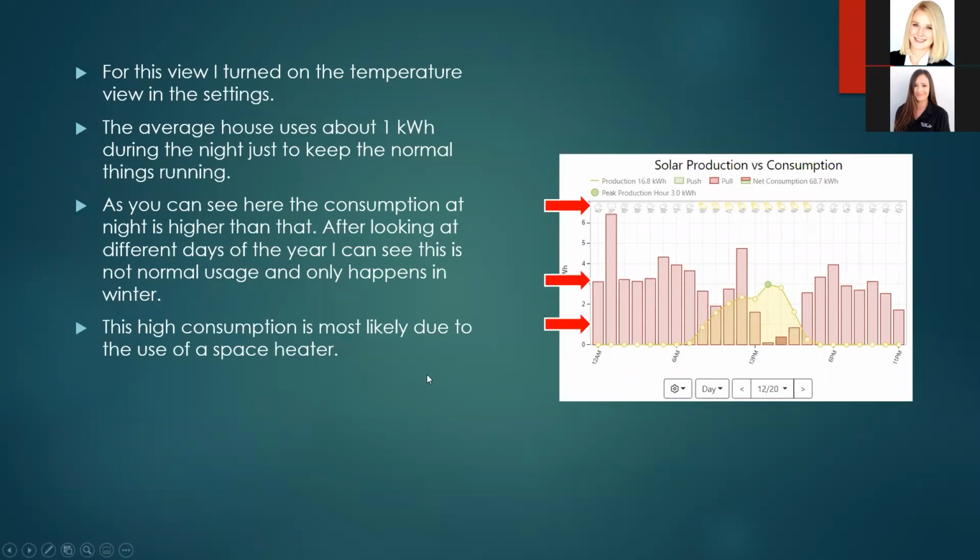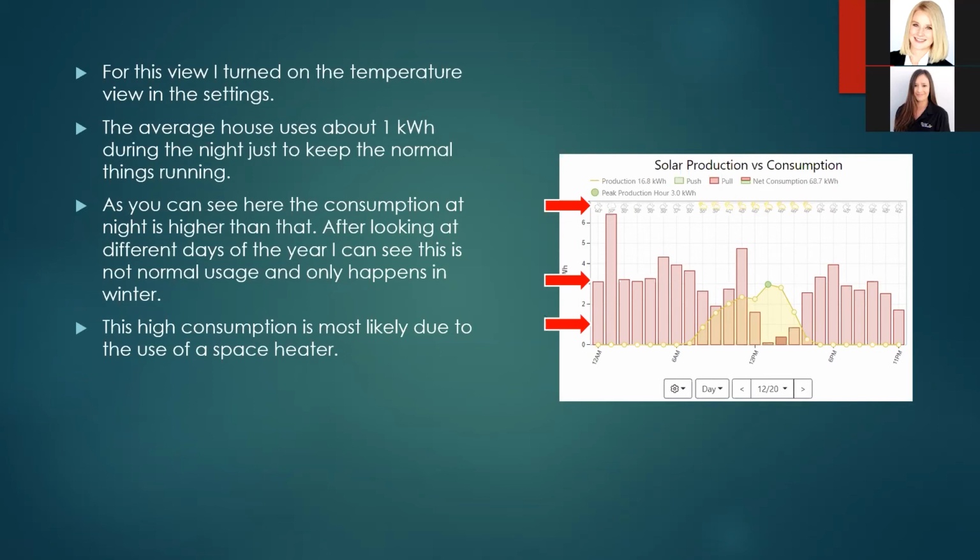When I see something like this, in my case, I know it was because I was running a space heater, and those do consume a lot of energy. Anything that produces heat that you plug in does take a lot of energy, and it is the same with your hot tub or an electric vehicle.